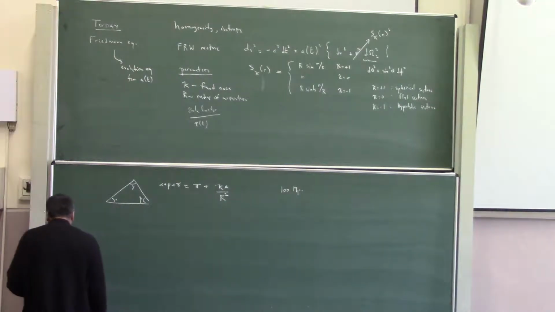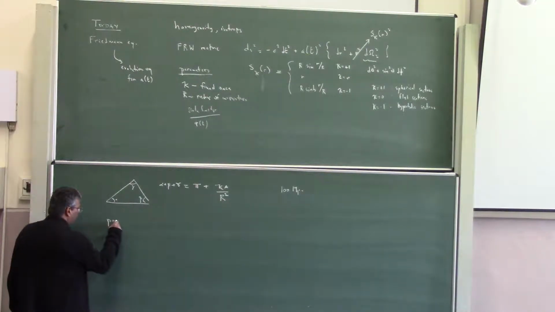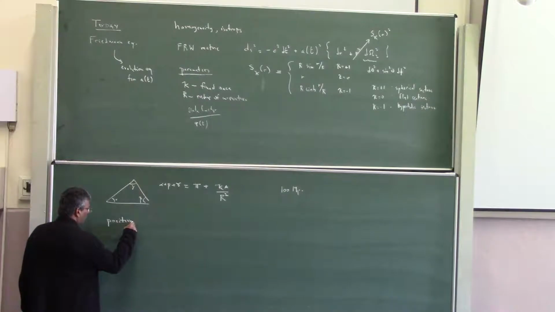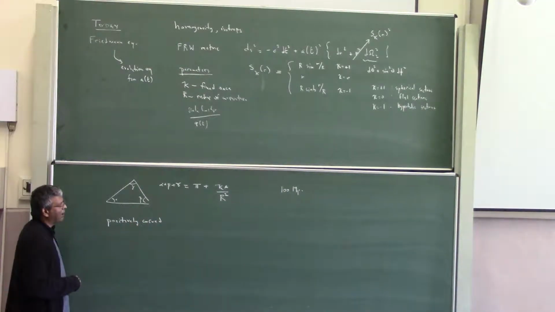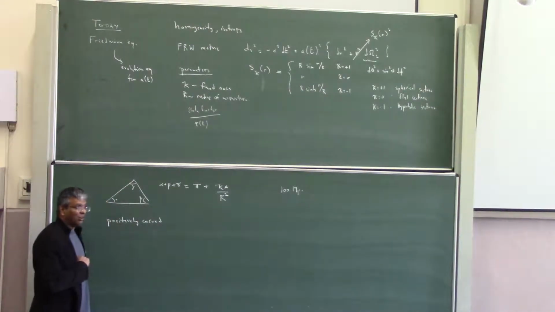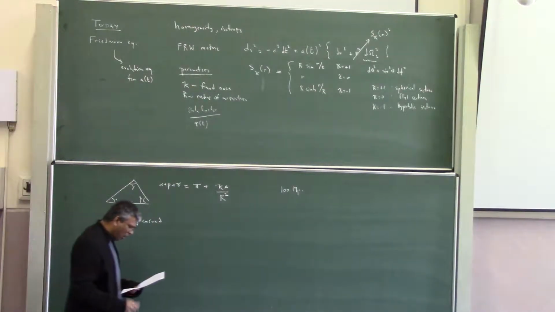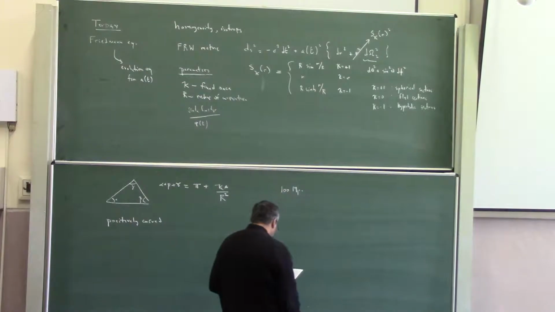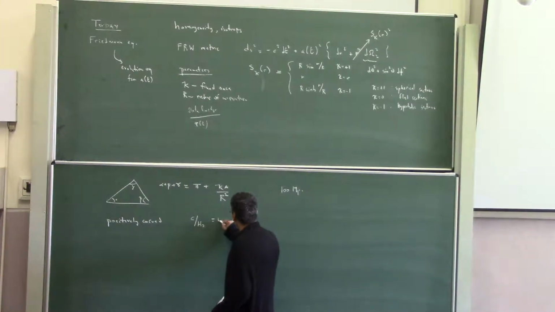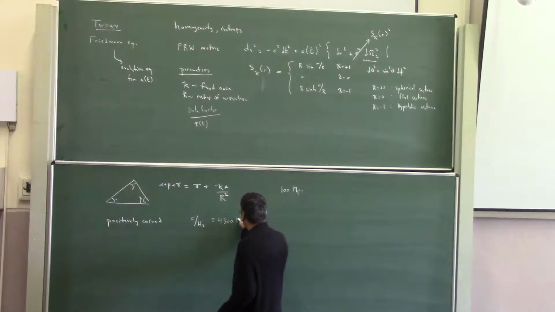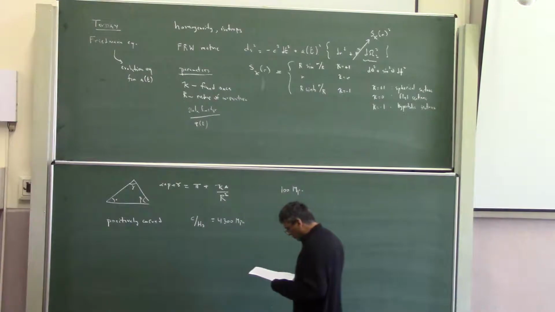So suppose we've got a positively curved universe. In this case, we can figure out certain things about r without measuring triangles. Suppose you've got a positively curved space, then the Hubble distance is c over H0, and this works out to 4,300 megaparsecs.